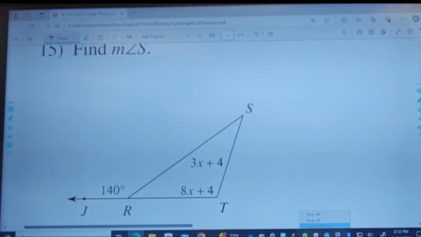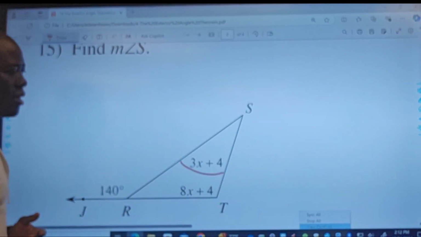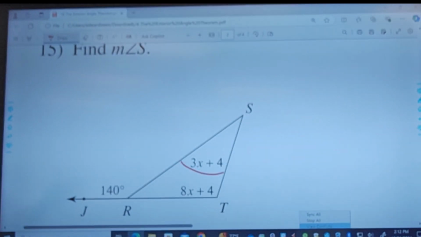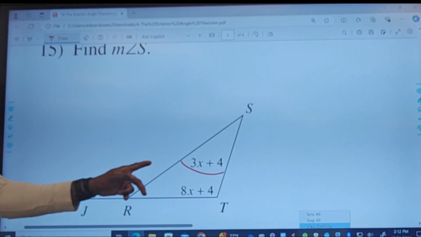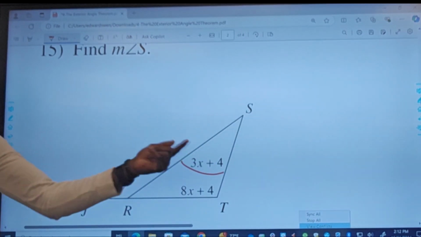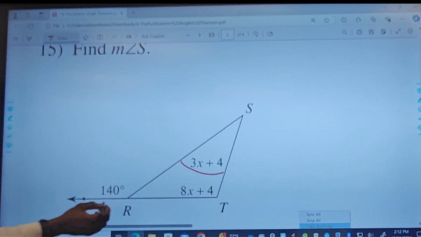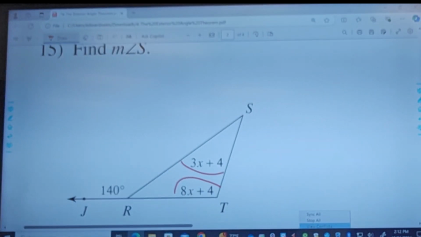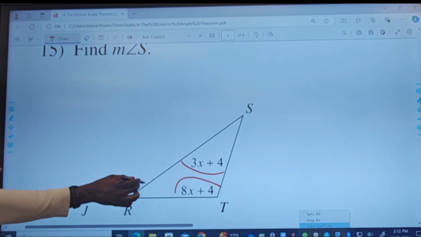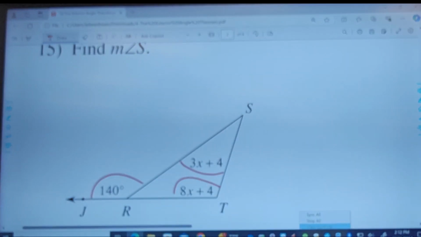But before I could find this angle, there is a variable there that I don't know. So I need to find x first, and then I'm going to use it here to tell what this is worth. Well, let's take a look. I'm seeing two interior remote angles to this exterior angle right there.